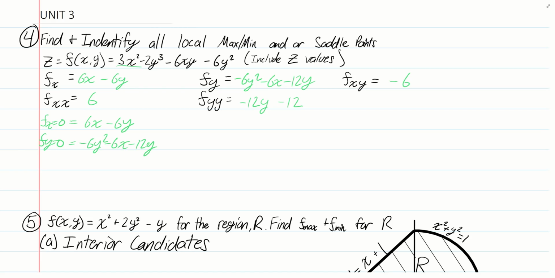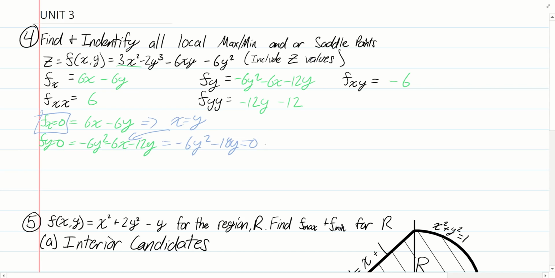Looking at the first one, this implies that x must equal y. So we can plug that back in for x here, so it becomes negative 6y squared minus 6y minus 12y, so it becomes minus 18y equals 0.